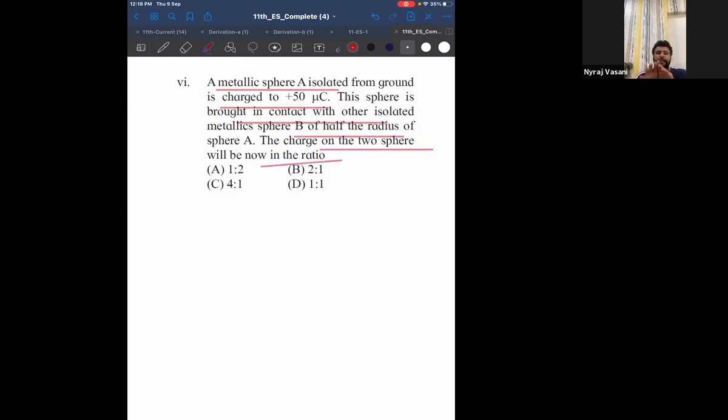Now you know that once they are brought in contact and separated, the charge will be equal, no matter what the radius is. Therefore, both will get charge in the ratio 1:1 always, whether big or small. Is this MCQ clear? Okay. All of you, the answer will be D, 1:1.